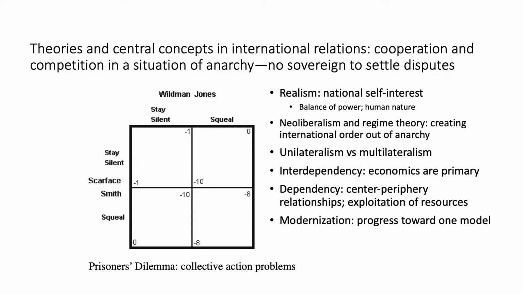And then another interesting theory is what is called modernization, which is a theory that nations are all moving in the same direction. Now, personally, I do not believe the evidence supports that, but it is an argument that many American presidents and foreign policymakers have tended to believe.